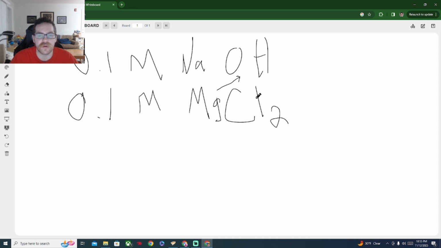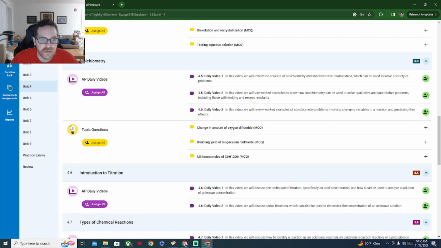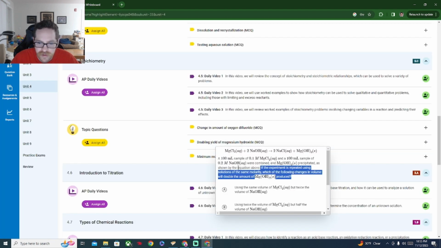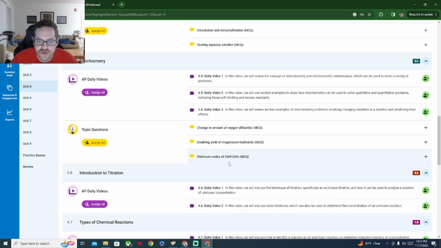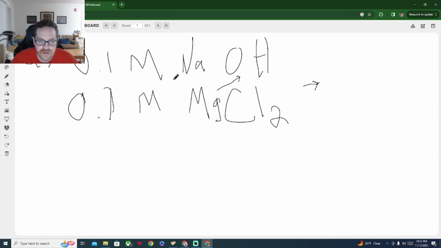So to get double the precipitate, all you would need to do is double this volume. But of course, if this is already accounted for, because you have, oh, I mixed up the ones, but you have 0.2 NaOH. Oh no, I do have that. If you have 0.2 NaOH, well, then you have to double both because they're already equal to each other. So that was the cause for my confusion there.